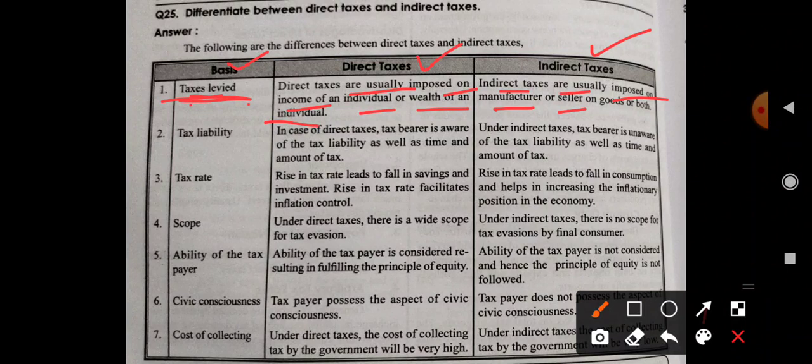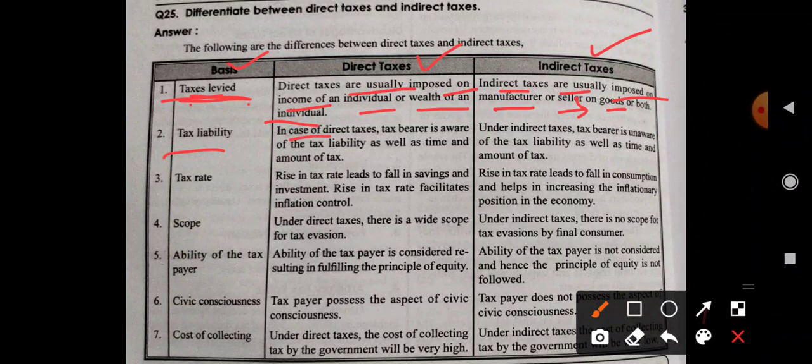Here you should write sale of goods or services, or both. Manufacture, and in case of services, provision of service, you can write. Indirect taxes are on goods or services, that is what you need to remember.